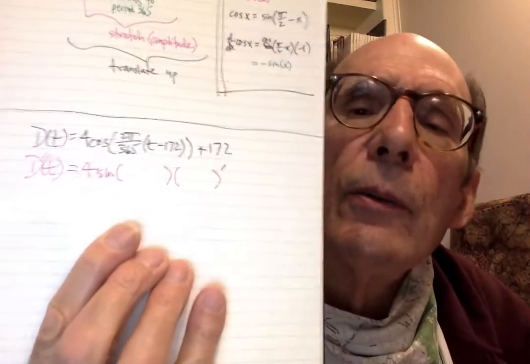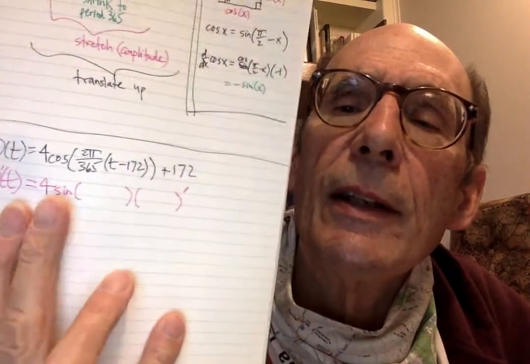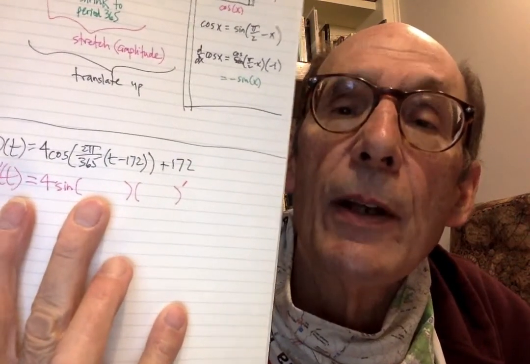Okay, 4 times the derivative of cosine, which is sine, times the derivative of what's inside. Being good at math, I do the parentheses first. I'm going to take the sine of whatever's in there, that's just a copy and paste, and the derivative of whatever's in there. So we're taking the sine of 2 pi over 365 times t minus 172, and the derivative of that is just 2 pi over 365.